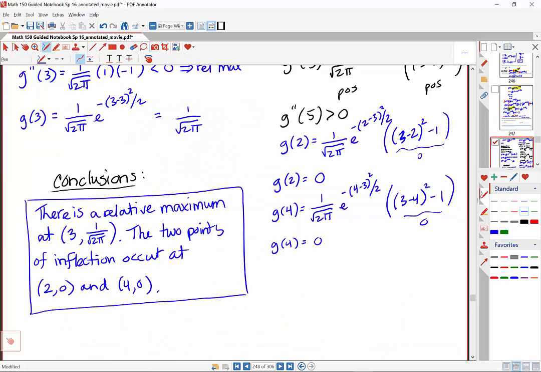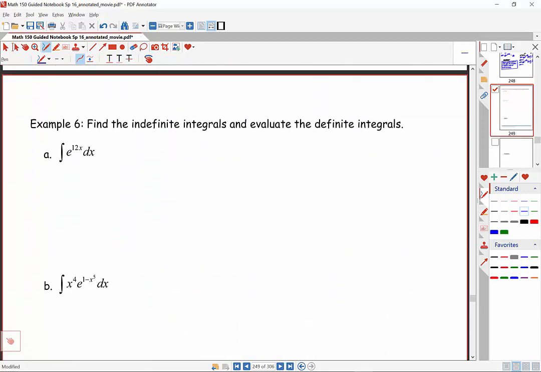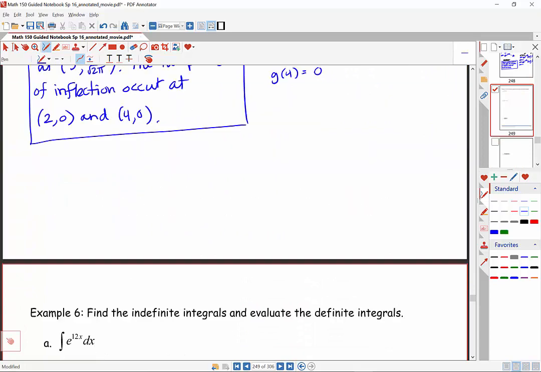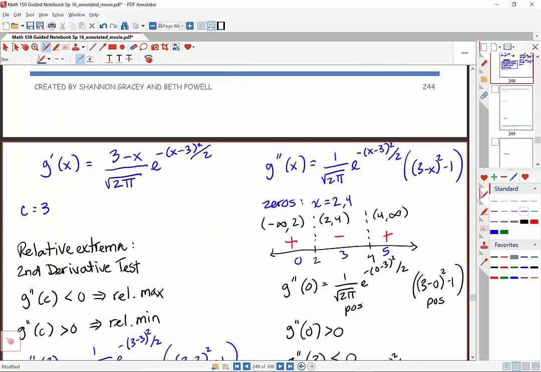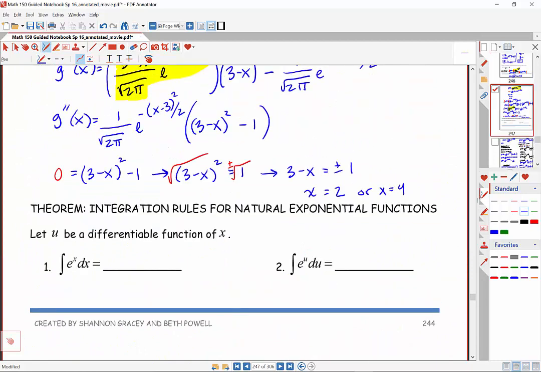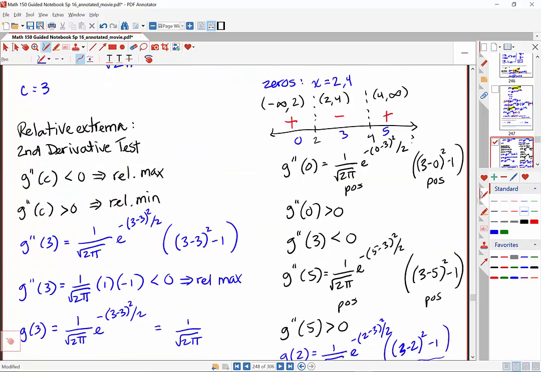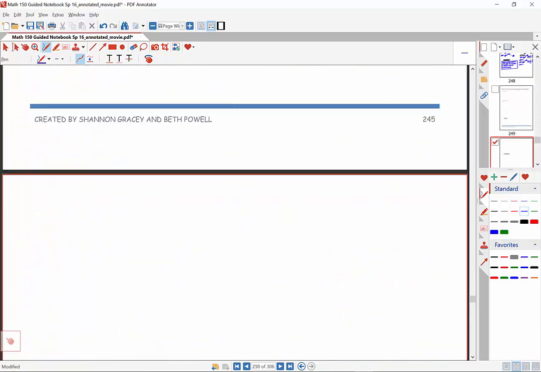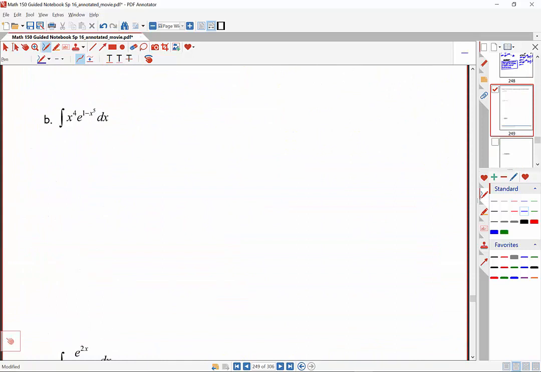Okay, so next up, we go here. Since the derivative of the natural exponential function is itself, then the antiderivative of it also is itself. So this would be e to the x plus c, and this would be e to the u plus c. So now practicing, it just takes practice, practice, practice. Right? So again, here we go.